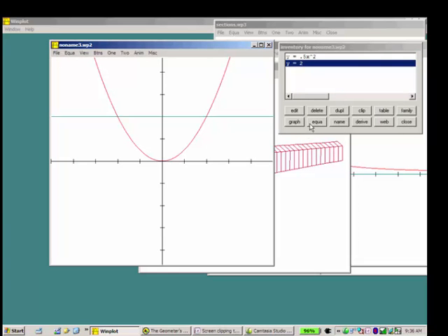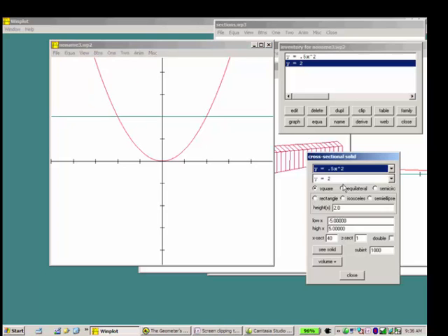And now we want to do cross-sections. I want to do semicircular, really? It'll only do it on the x. That's a bummer. All right, wait. Hold on. I have an idea.